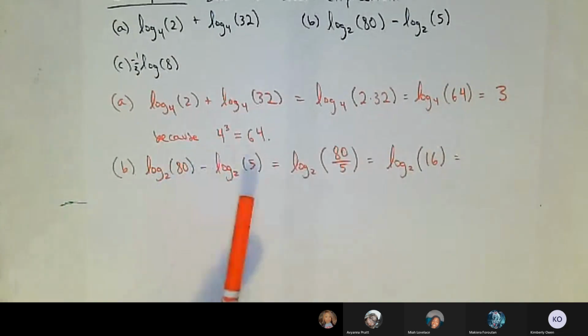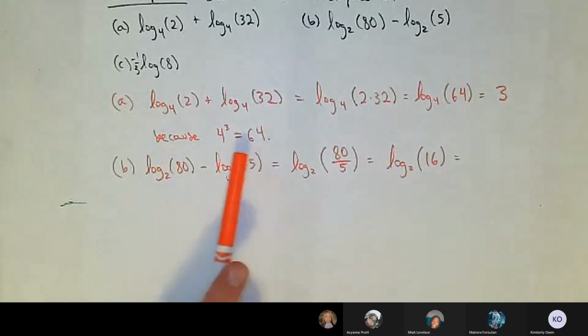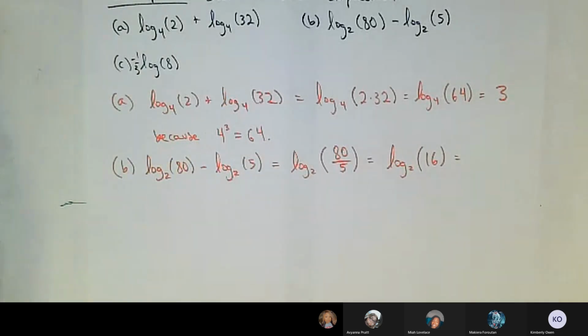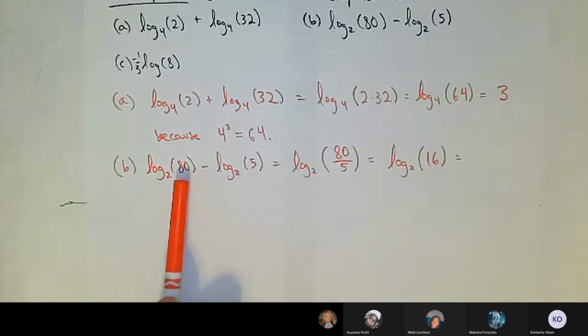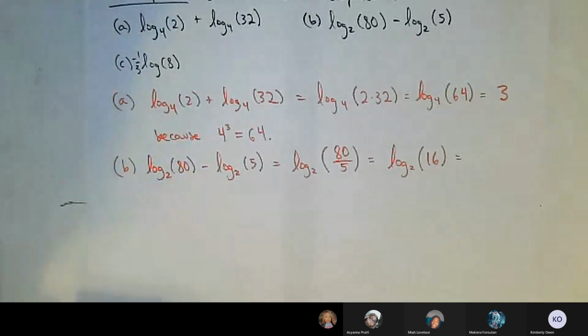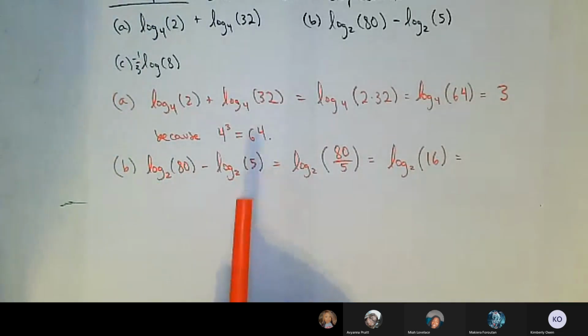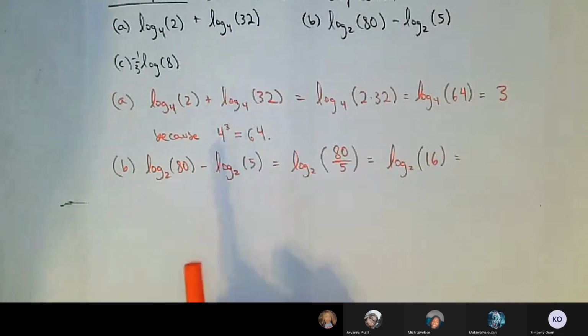So notice these 2 pieces back here that made up this difference, they don't evaluate nicely, because it's asking, what do you raise 2 to get to 80? Well, 80 is not a power of 2, so it's some not whole number. And same thing for the 5. What do you raise 2 to get to 5? Well, that's definitely not a whole number.